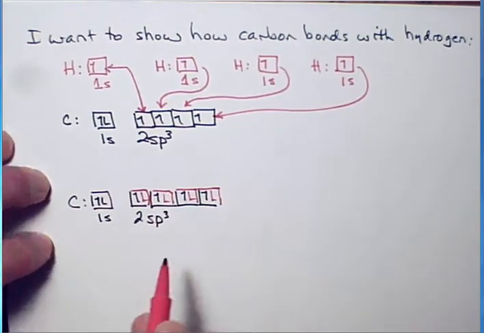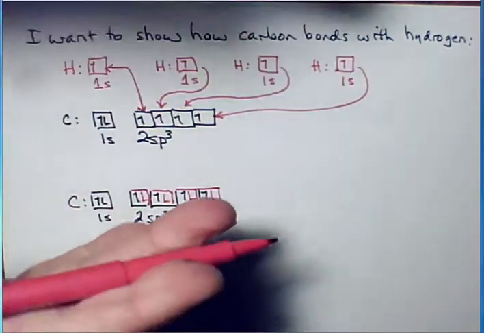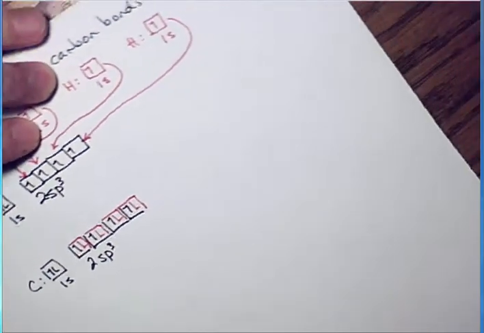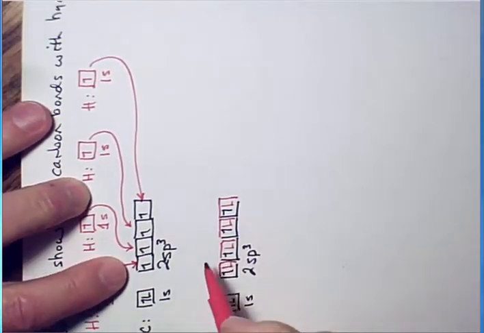And so to show this, I'm going to have to put the hydrogens here kind of sideways. So I'm going to spin it 90 degrees for you and show you how I'm going to put the hydrogens in here.